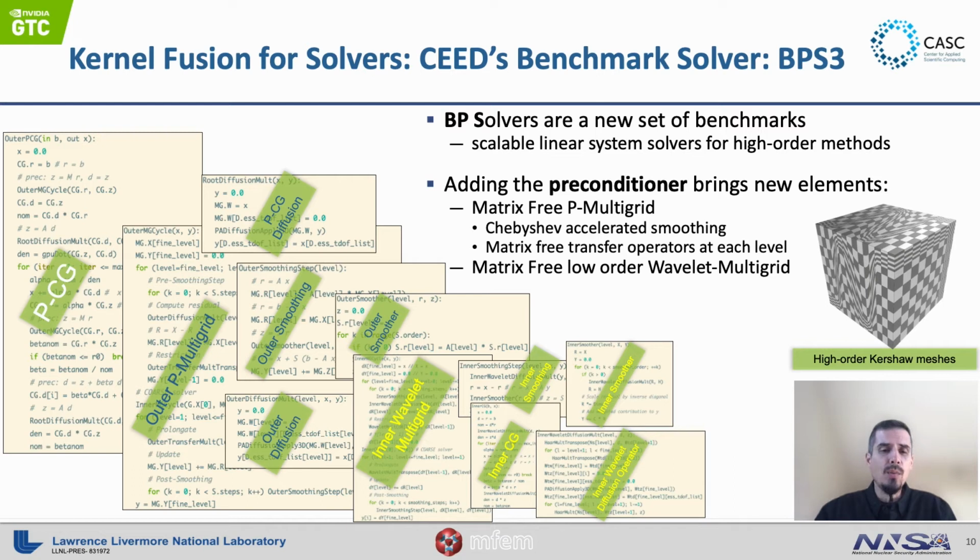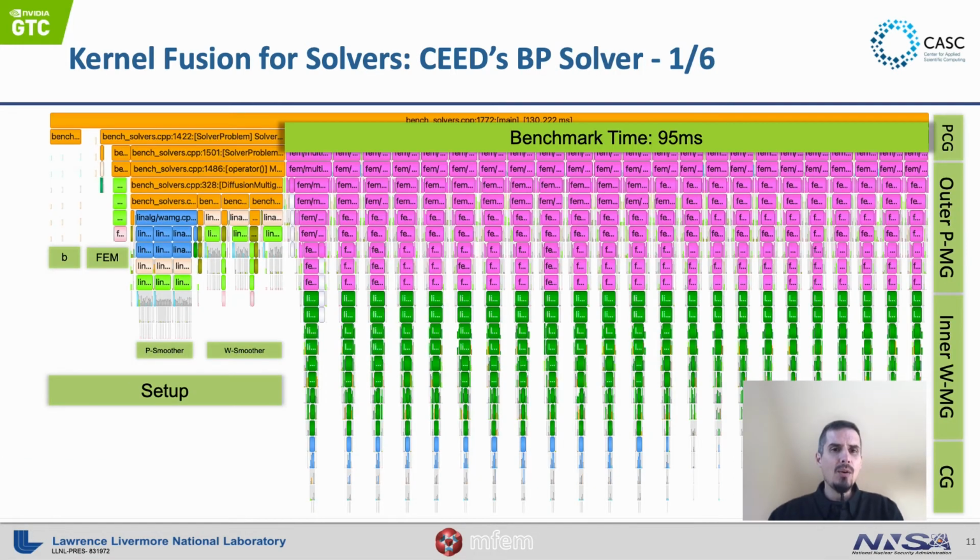There are also multiple dot products of different length required for each iteration, which represents a total of nearly 100 different kernels. The solver uses a high-order deformed Kershaw mesh, such as the one that we see on the right.